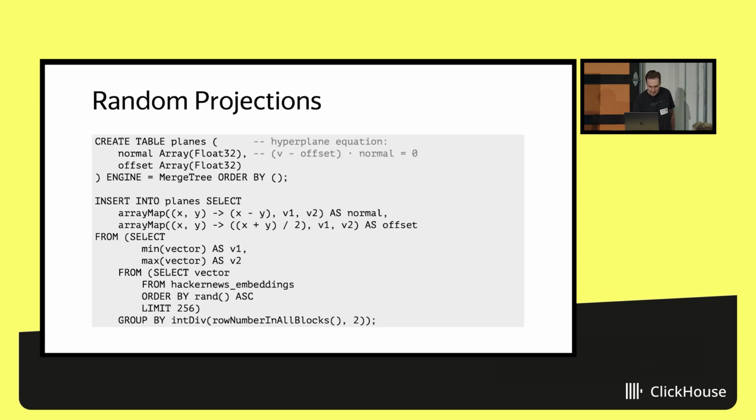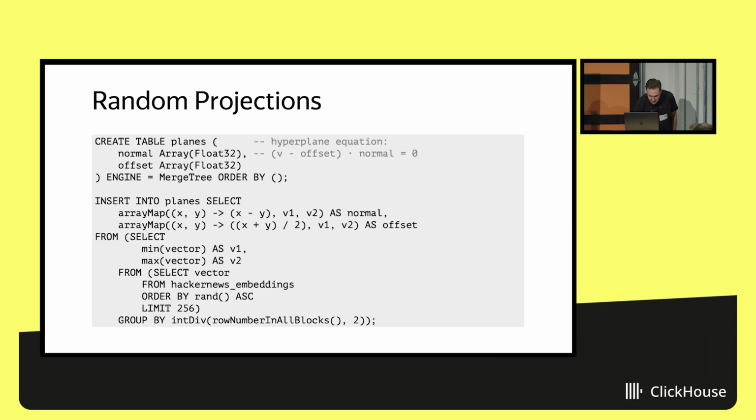We will create a table with hyperplanes that will split our space. Each record will contain a normal defining a hyperplane and offset of this hyperplane. And we will calculate these hyperplanes by taking 256 random pairs of points.